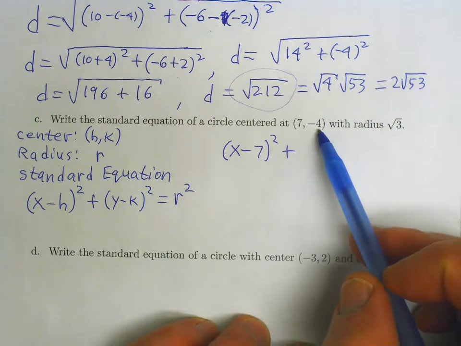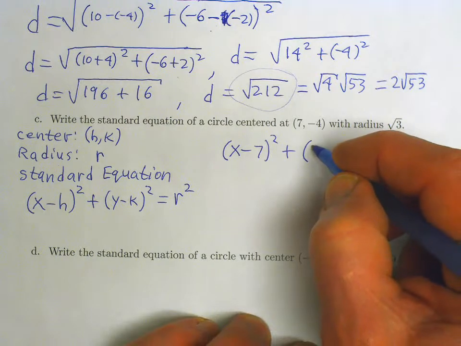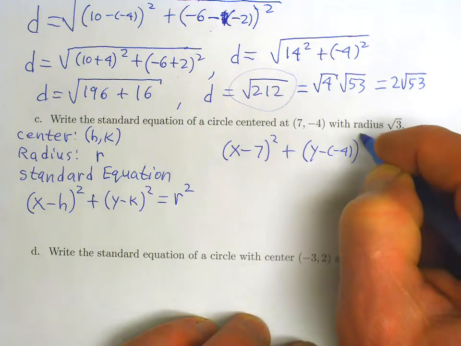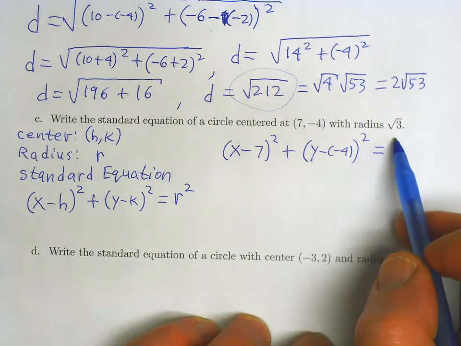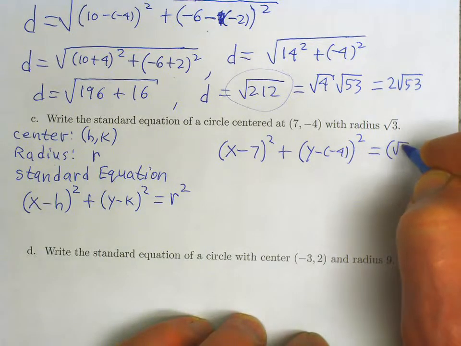The y-coordinate is -4. So in the standard equation for this circle, we write y minus -4 quantity squared. And the radius is the square root of 3. So in the standard equation, we square the radius.